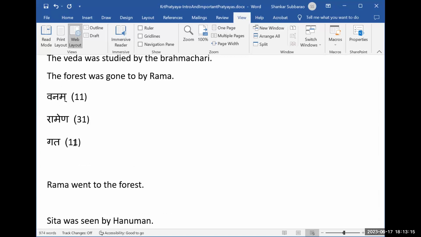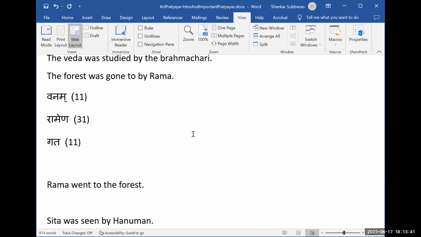Now, what is the gender for Gata? It is Napumsakalinga. It has to be. Why? Because Vana is in Napumsakalinga. Don't say Vanam. That's the right way to say.